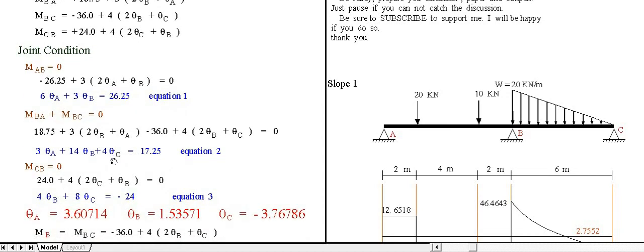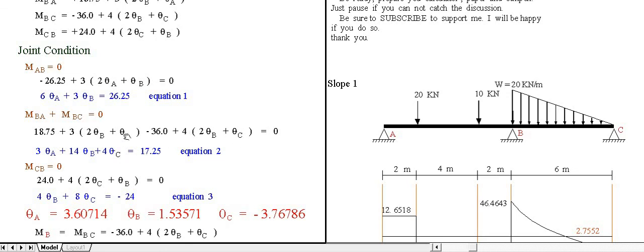Simplifying, there is no A in the BC term, but there is A here, so this is 3 theta A. The B is 6 here, then 8 here, 6 and 8 is 14 theta B, theta C is 4.